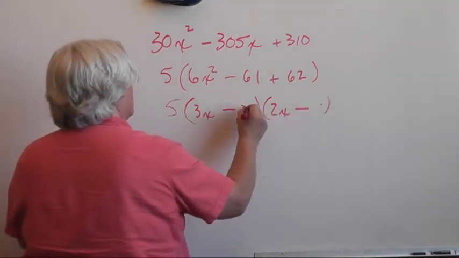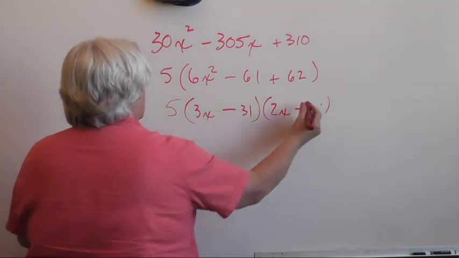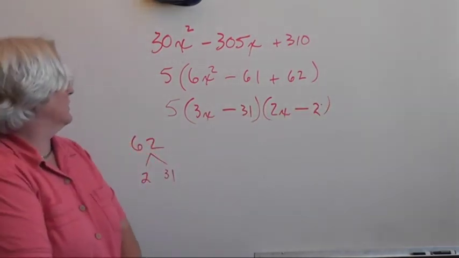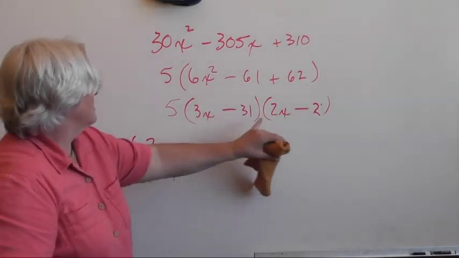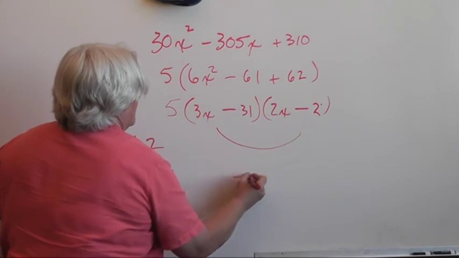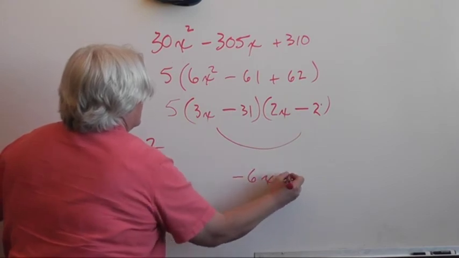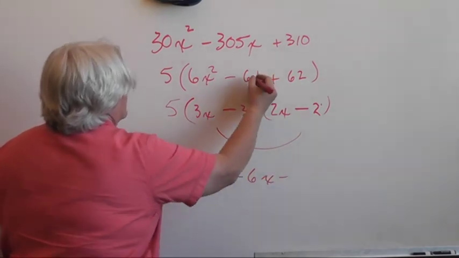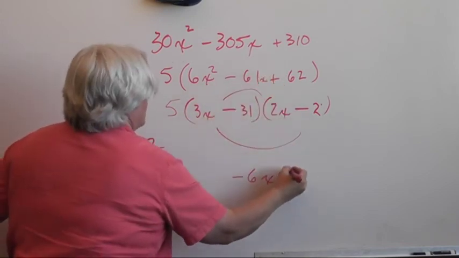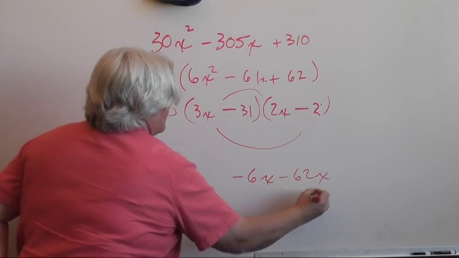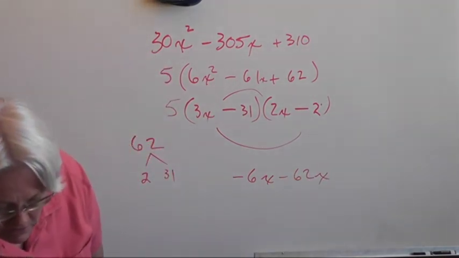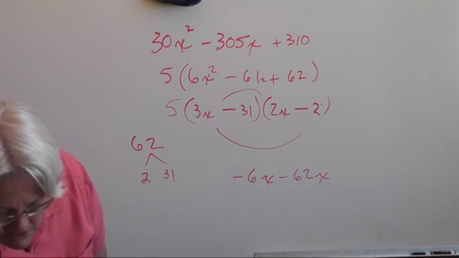Minus 31, minus 2. Okay. We have minus 6x minus, okay, that should be 61x, minus 62x. Okay, that is not working either, is it?